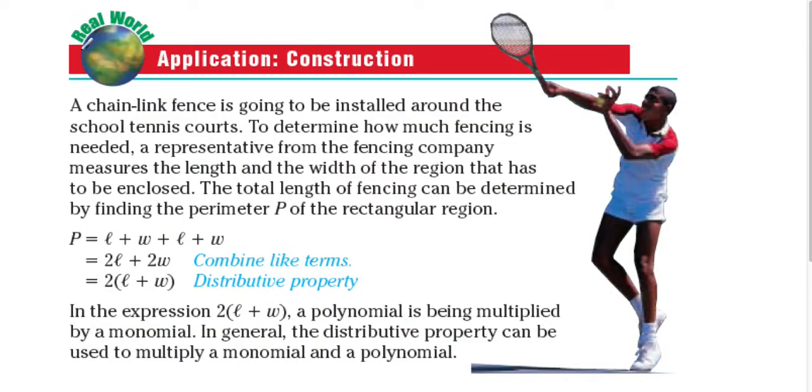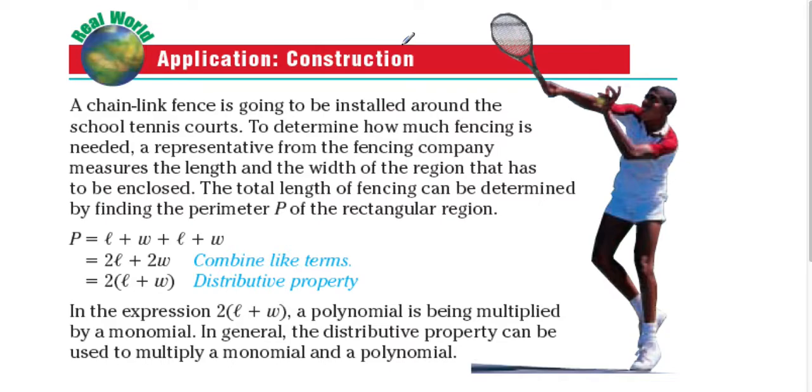Before we learn the concept, let's talk about this particular example. A chain link fence is going to be installed around the school tennis courts. To determine how much fencing is needed, a representative from the fencing company measures the length and the width of the region that has to be enclosed. The total length of the fencing can be determined by finding the perimeter of the rectangular region.